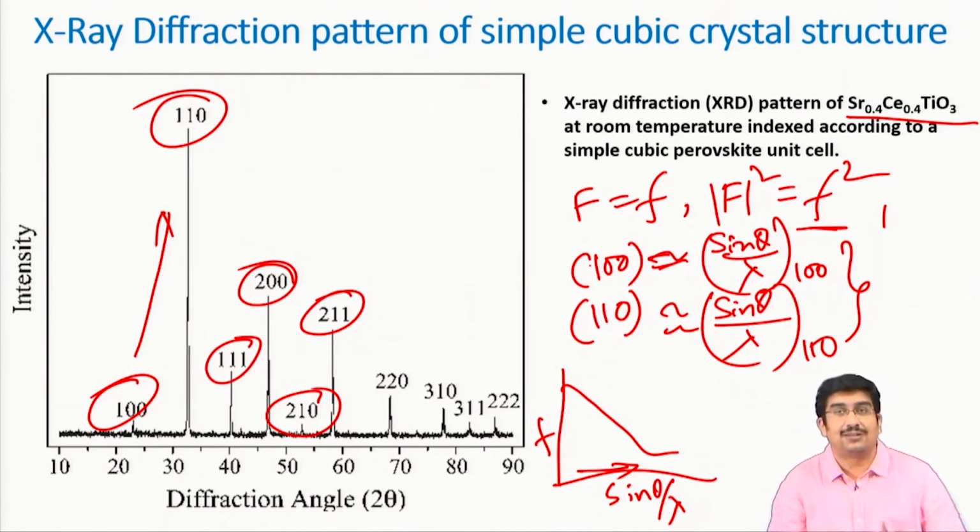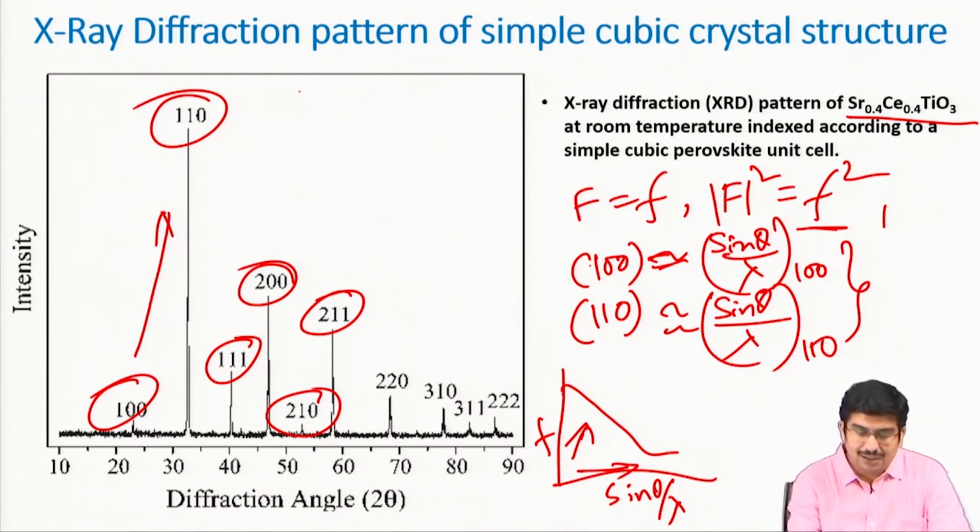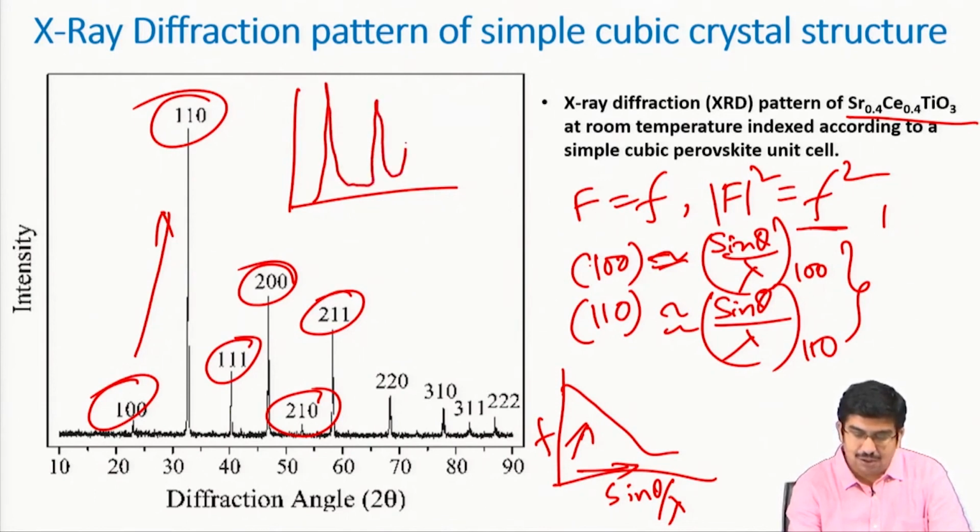If there is no other effect, that is why I said that there are many other effects, then the intensity of these peaks will simply decrease as per the atomic scattering factor. So, if nothing else is controlling the intensity, the 100 peak should have the maximum intensity, then the next should be 110, then the next should be 111.